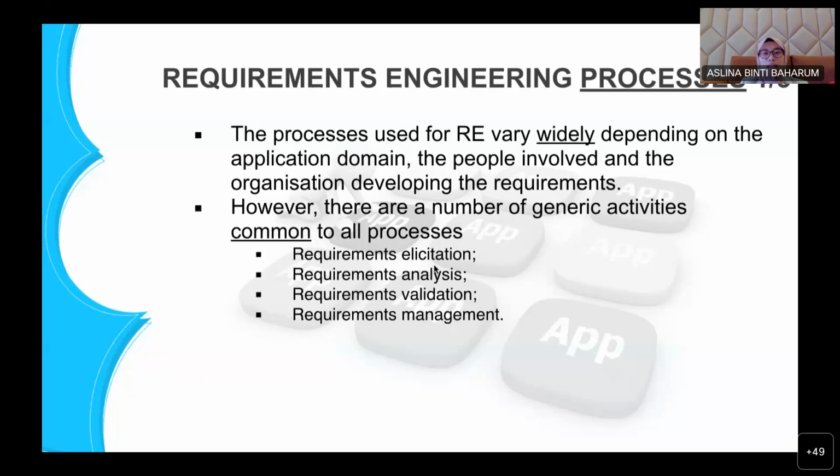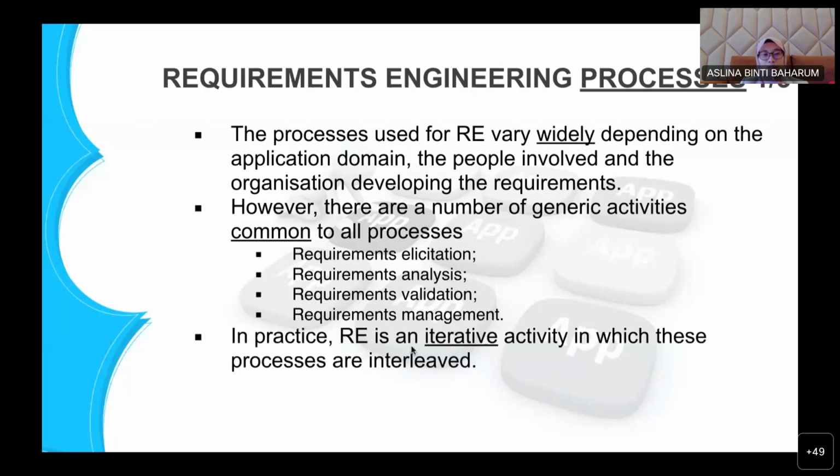Elicitation is to find out more details about the activities, like the process to create the system or software. Analysis: you analyze it to get the findings. Validate, it can be validated. Management, in terms of the planning.